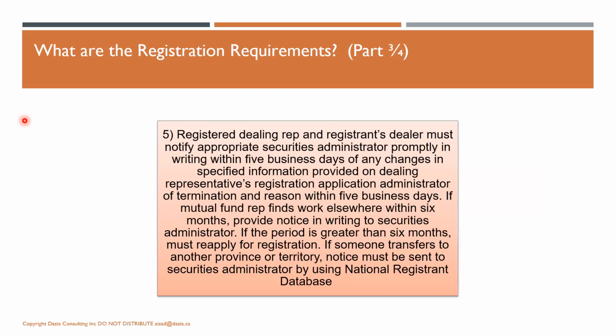If you move to another company, usually the companies will inform them. But if you work somewhere else, then you have to inform them. If it is more than 6 months, then you have to reapply for registration. And if you transfer to another province, then you need to get new registration in that province also. So this is also a requirement for registration.